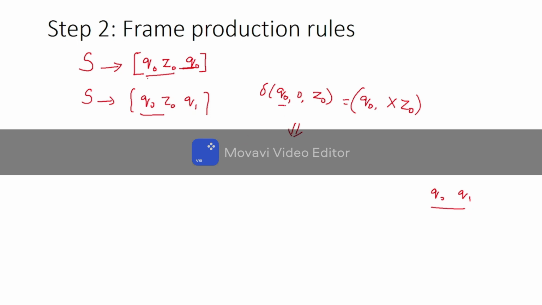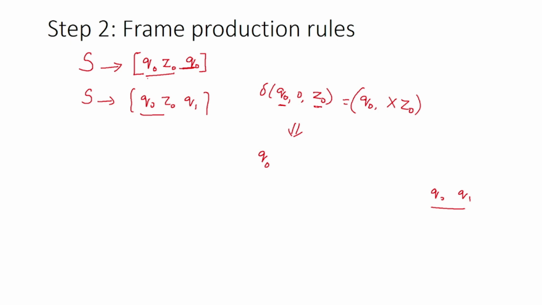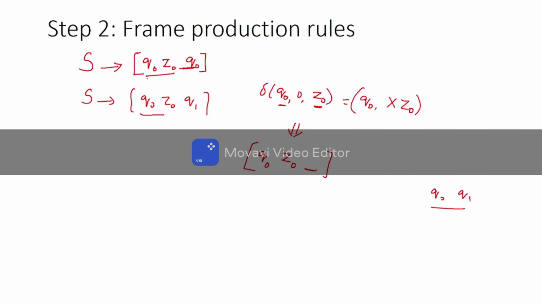From where it starts, q naught, put q naught here, right. When it starts, what is the stack symbol at the top, z naught, right, q naught z naught. So, inside the triplet, one more element has to be filled; leave it for now, q naught z naught, leave the third component.